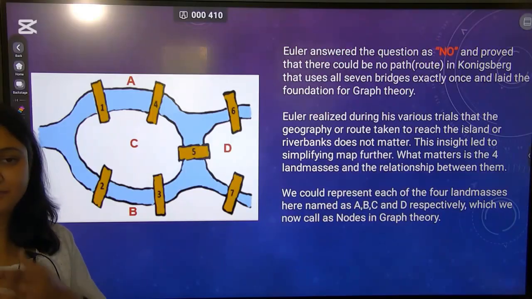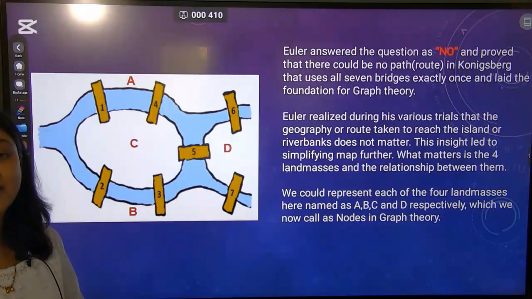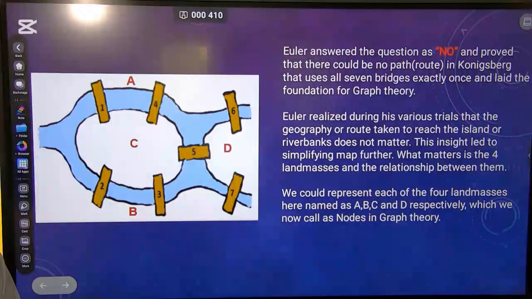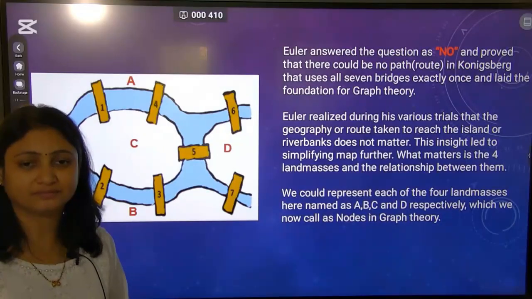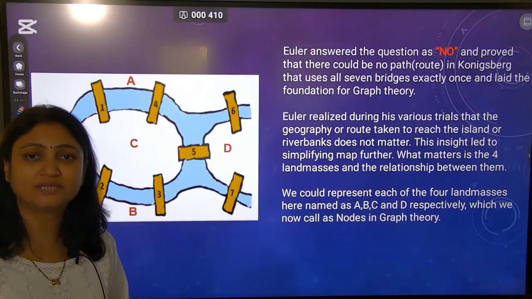Now one of the famous mathematicians, Euler, answered the question as no, and proved that there could be no path or route in Königsberg that uses all the 7 bridges exactly once.